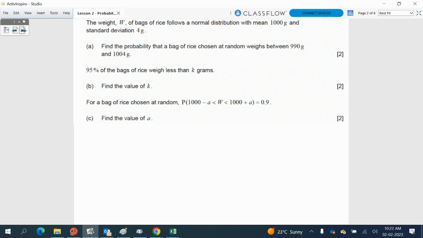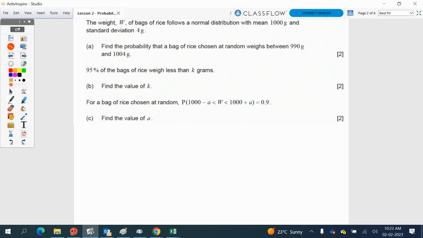So find the probability that a bag of rice chosen at random weighs between 990 grams and 1,004 grams. So what we need to do for this question is firstly put up our model. So our model is that x is a continuous random variable which is normally distributed with a mean of 1,000.